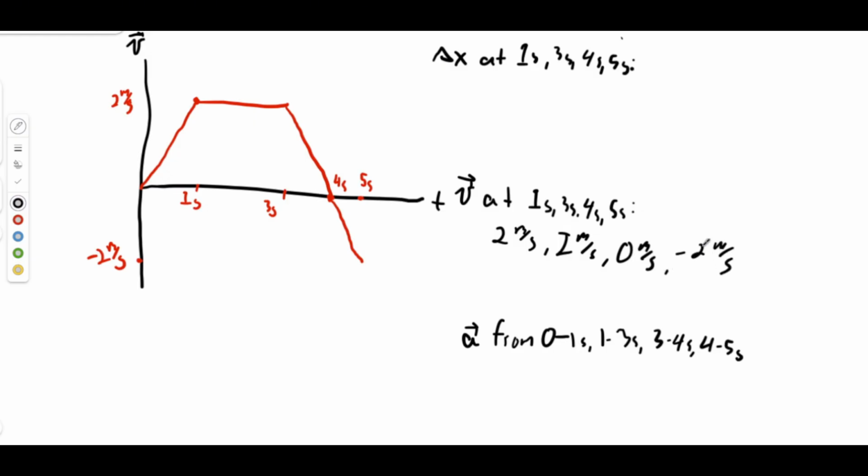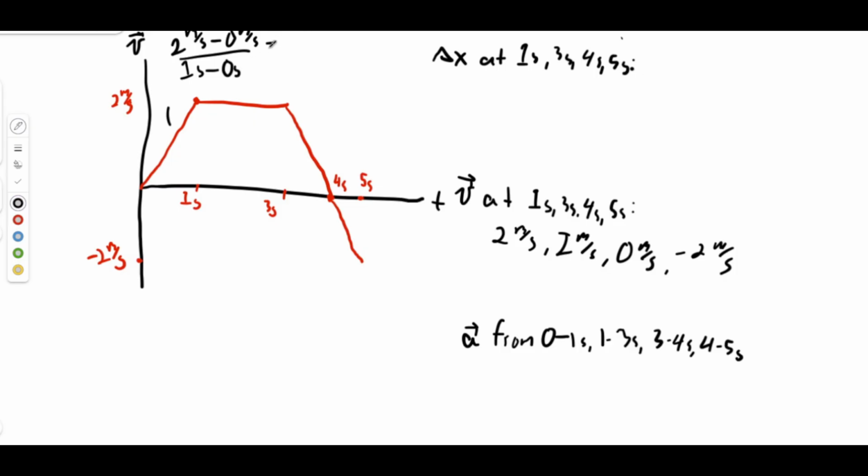Now let's do the next easiest one, the acceleration. We just need the slope over these intervals. So let's start here. We're going to have a final of 2 meters per second minus 0 meters per second. Then we have 1 second minus 0 seconds.